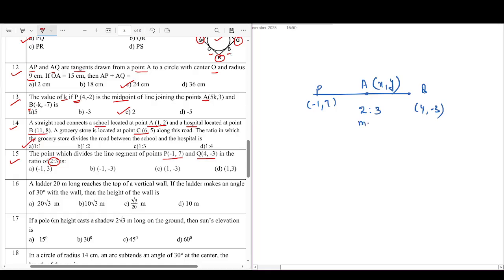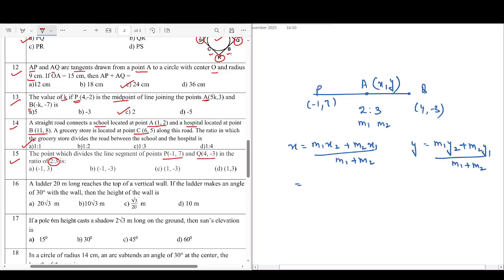And this is our ratio m1 and m2. So we know the x coordinate is (m1 x2 plus m2 x1) divided by (m1 plus m2), and same way we have y coordinate, that is (m1 y2 plus m2 y1) divided by (m1 plus m2).